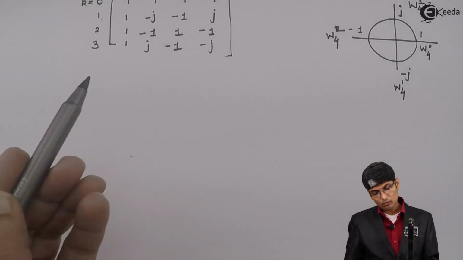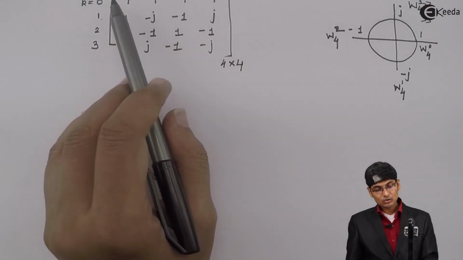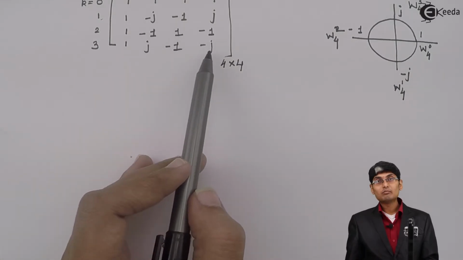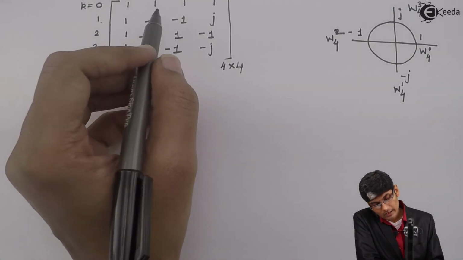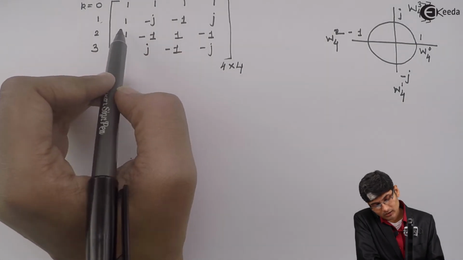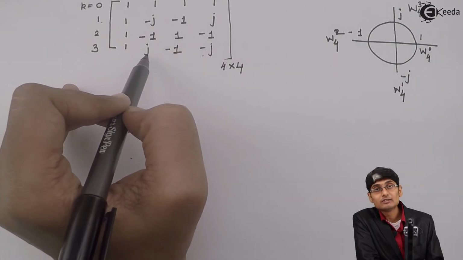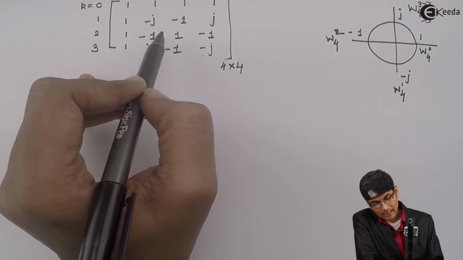For a 4 by 4 matrix, or for n is equal to 4, first row, first column all ones, minus j, minus j. So we have all ones, all ones, minus j, j, j, minus 1, minus 1, minus 1, minus 1 and 1.